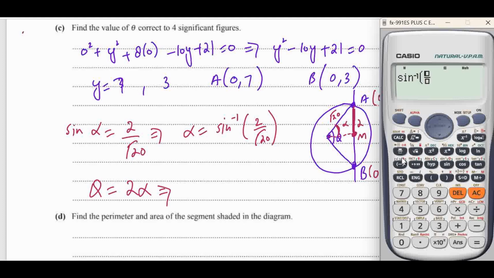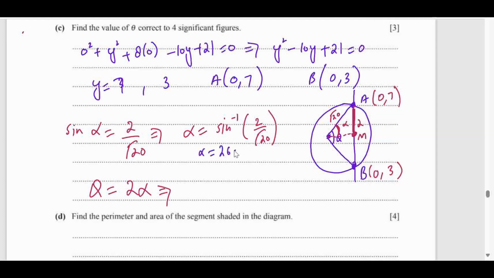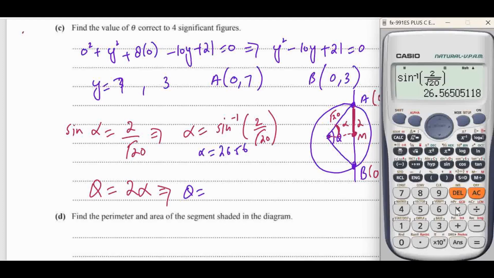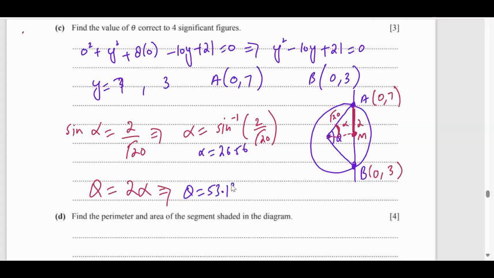Sine inverse of 2 by square root of 20 will be equal to 26.56, so alpha is 26.56, and if we multiply it by 2, we will get 53.13.